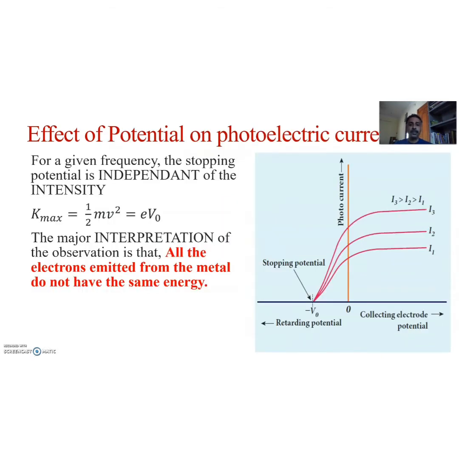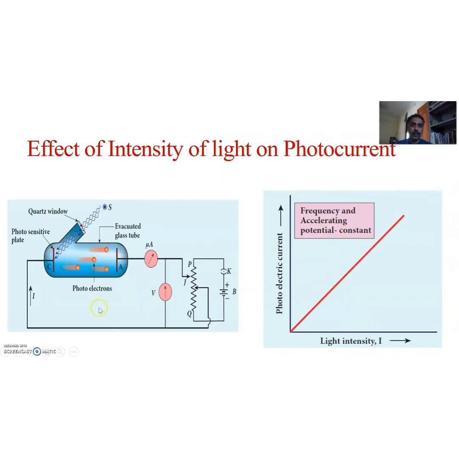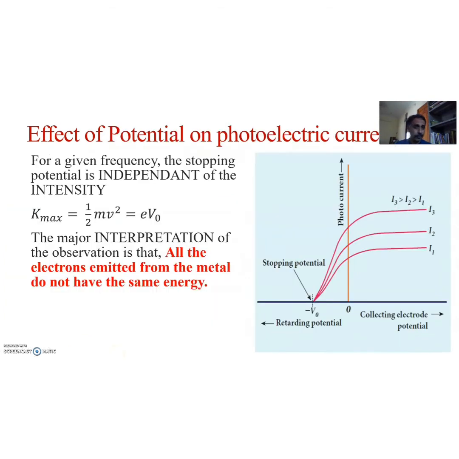And the second thing is the effect of potential on photoelectric current. For a given frequency, the stopping potential is independent of the intensity. This is the result they arrived at. For example, they kept the frequency constant, but changed the intensity, as well as the potential between the plates C and A. So this is the second part.